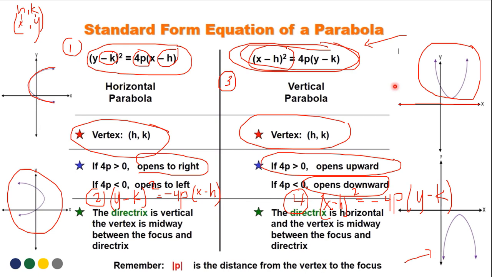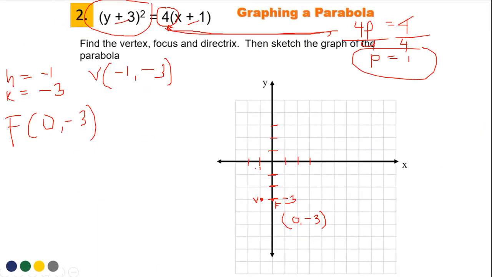Ibig sabihin, you're going to start always at the vertex. Kung nakuha mo na yung value ng P, dyan mo ma-identify kung saan po si focus at saan po si directrix. Kung ilan yung ginawa mo na bilang sa focus, from vertex to focus, ganun din, vertex to directrix. Ilang bilang yung ginawa natin? Isang beses, tama?